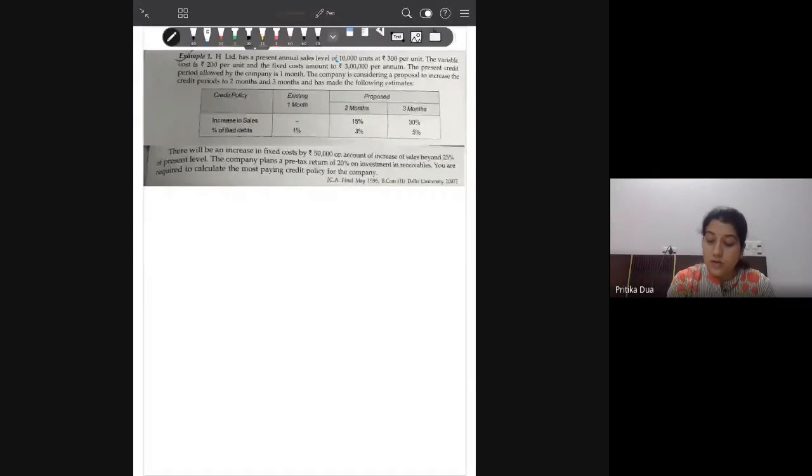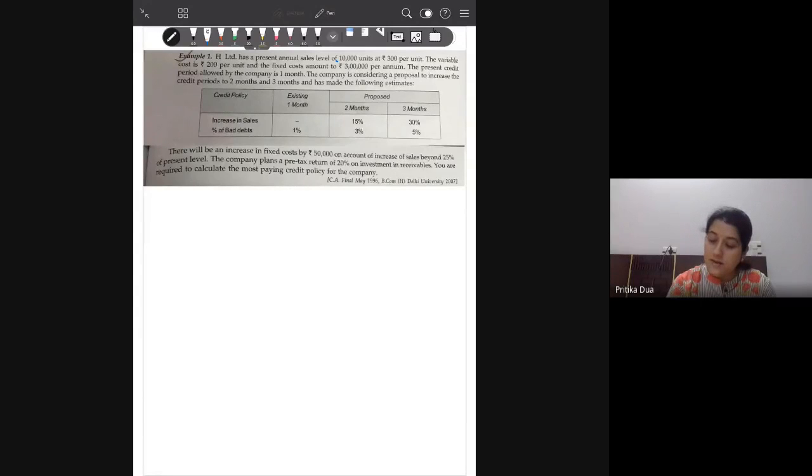The variable cost, fixed cost is given and the present credit period allowed by the company is 1 month. So there are two proposals made. One is to increase the credit period to 2 months. Second is to increase it to 3 months. There will be an increase of 50,000 on account of increased sales beyond 25%.